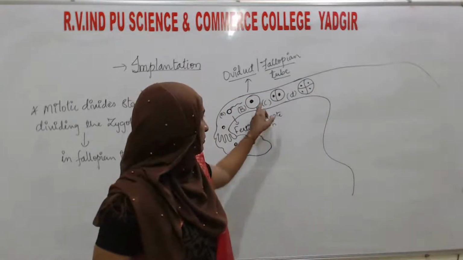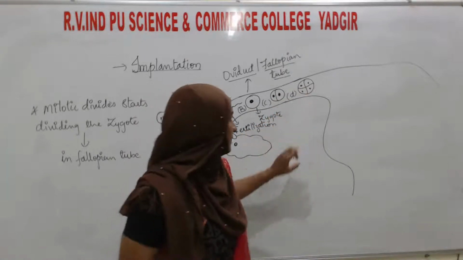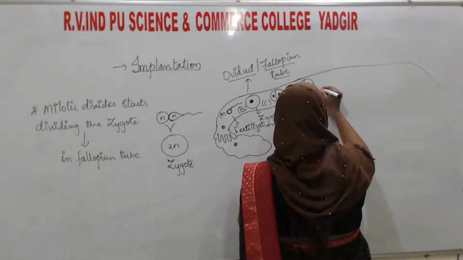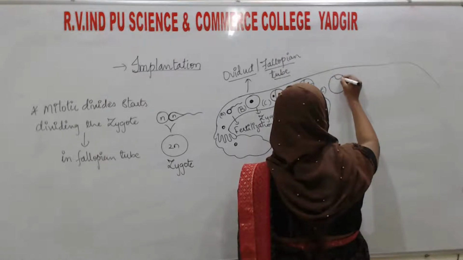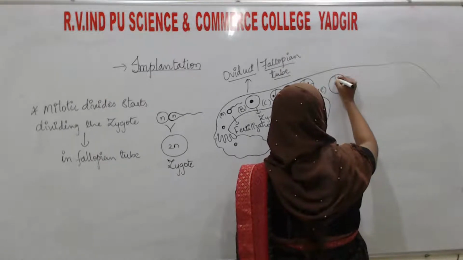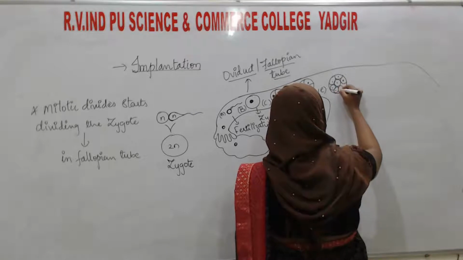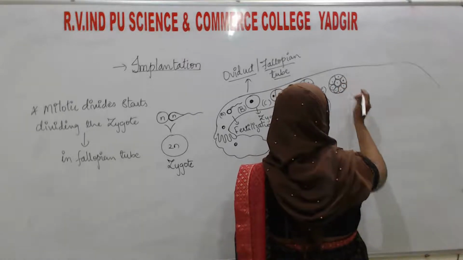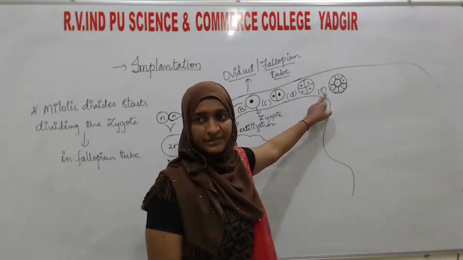Okay, zygote, 2 cell, 4 cell. Next comes E, where it divides into 8 cells. This is the 8 cell stage.